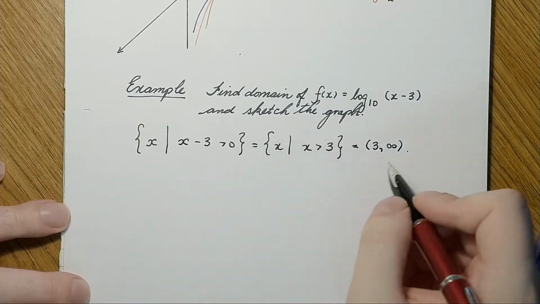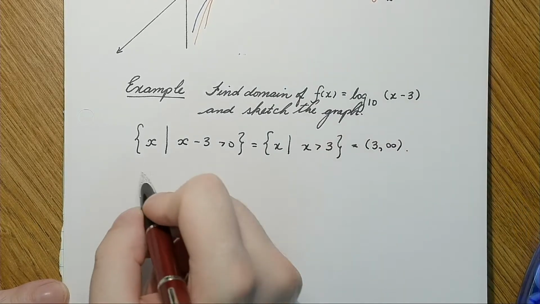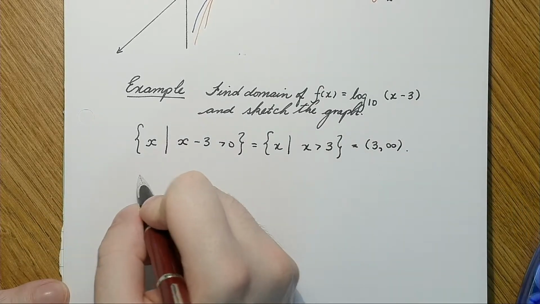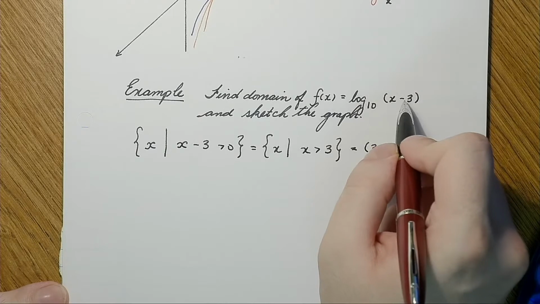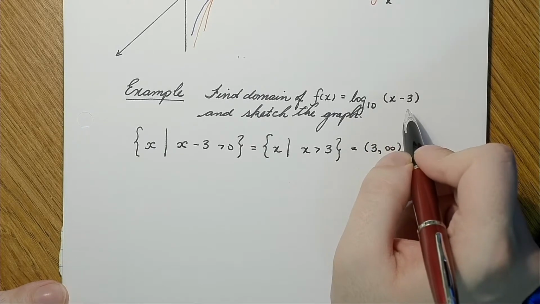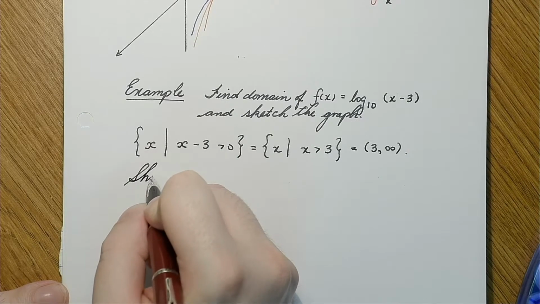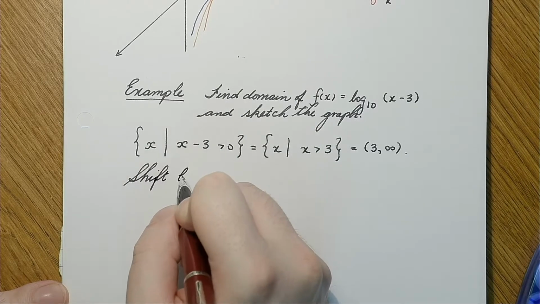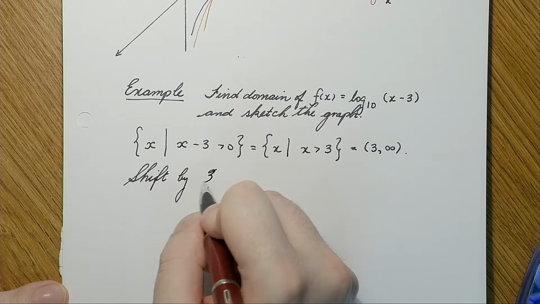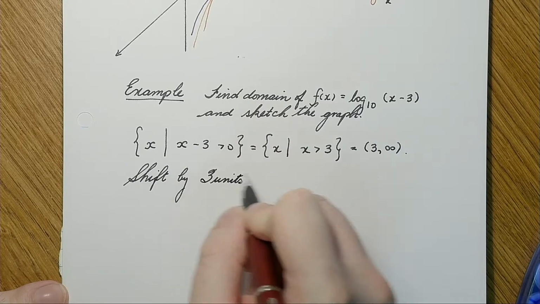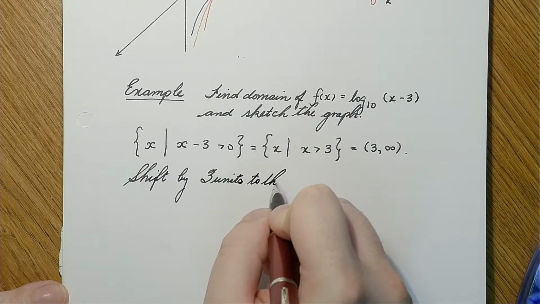This just tells us that we're going to be shifting the graph by 3 units to the right.